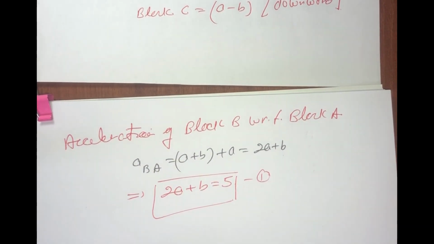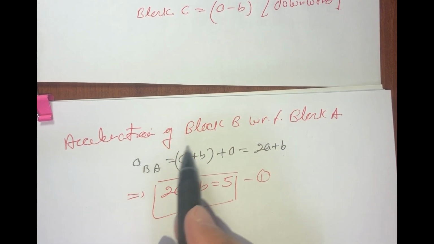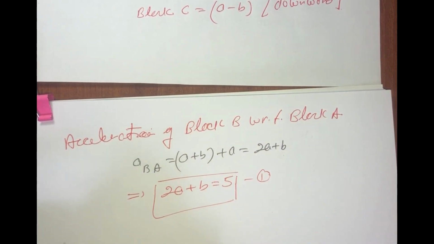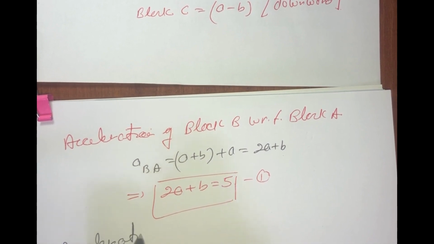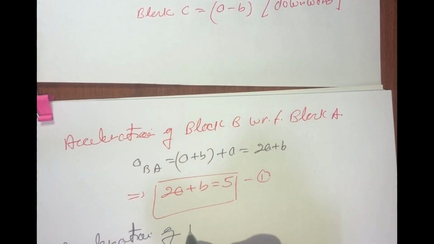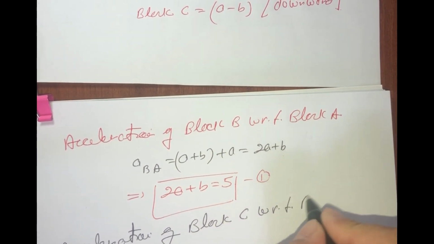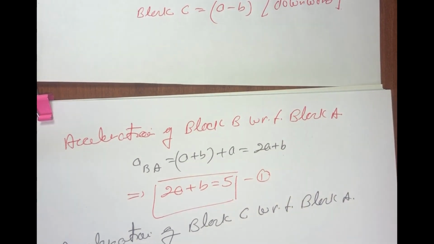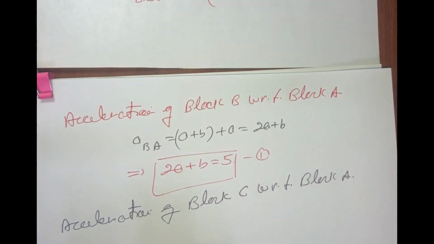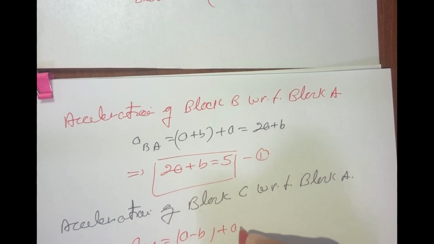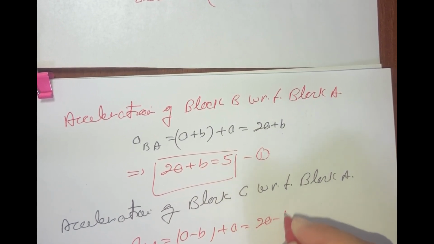Similarly, we can find out the acceleration of C with respect to A. Let us write this a_CA, and for block C it is a minus b, and this will be plus a, which will be giving us 2a minus b, and its value is also given as 3.